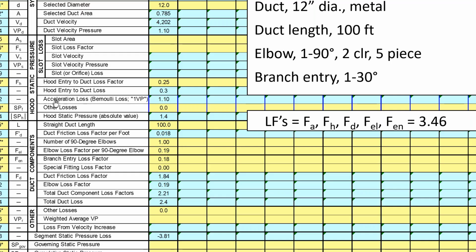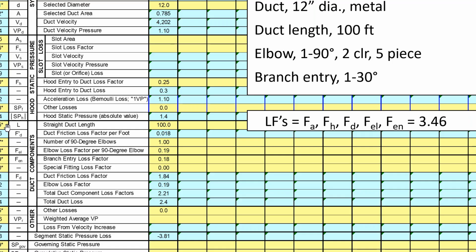We also said that our acceleration loss was F sub A, which is 1, times our duct velocity pressure. So our acceleration loss is 1 VP, and that's 1.1. So our hood static pressure loss is our hood entry loss 0.3 plus our acceleration loss of 1.1, which is 1.4. And that's this value right here.